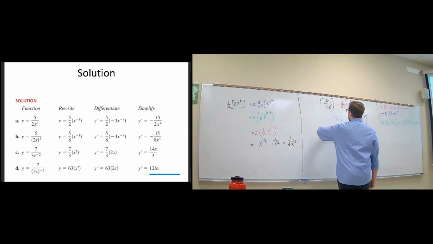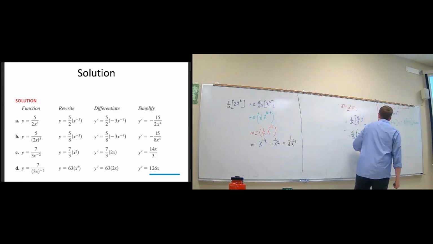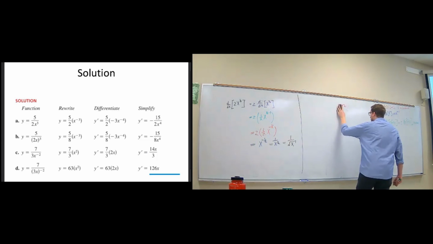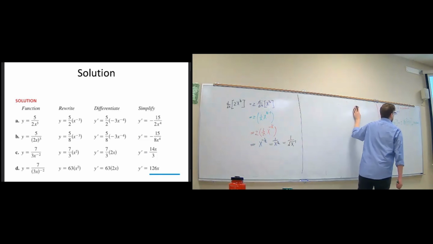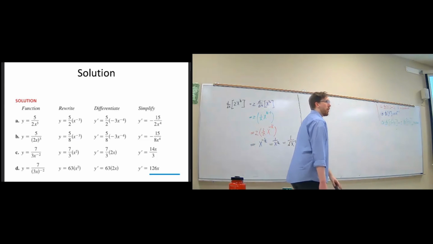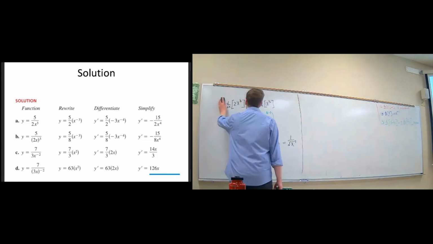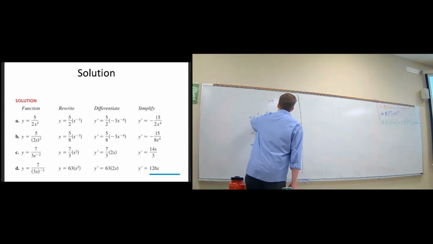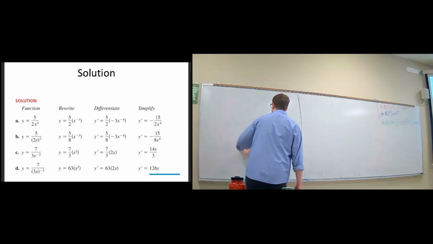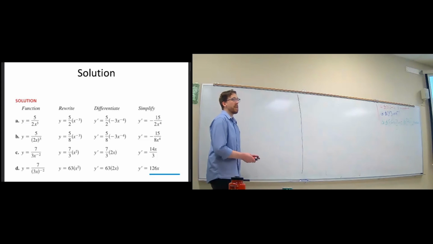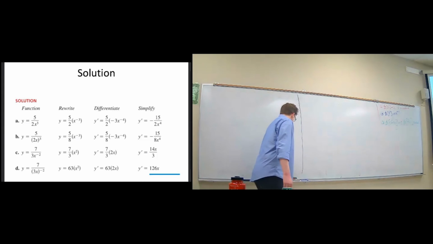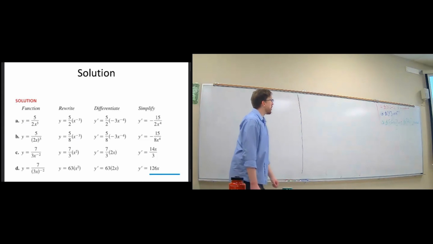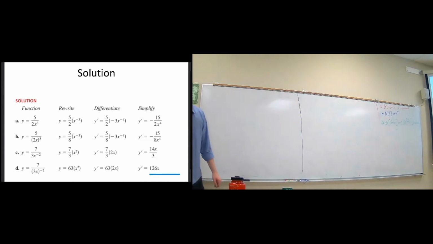So generally, the easiest way to go about these problems, rewrite your function. Start by writing your function, then rewrite it in the most simple way possible, the easiest way you can possibly think to identify what rules you might want to apply. Generally, that's going to mean writing everything in terms of powers.